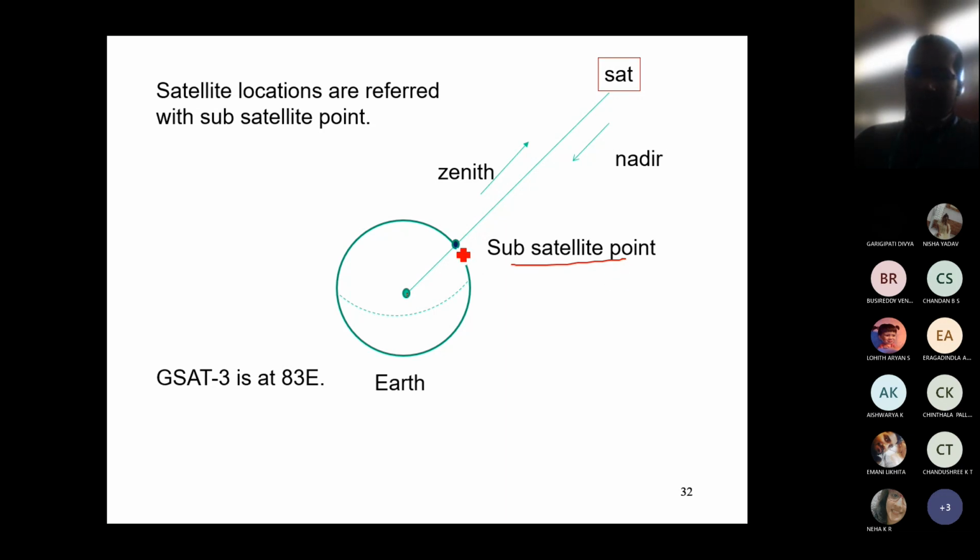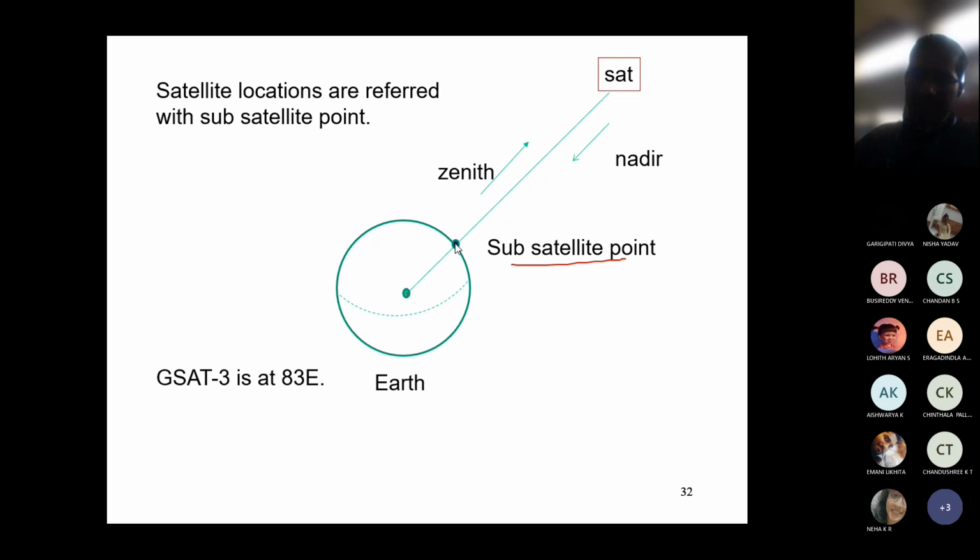This sub-satellite point will have some latitude and longitude. Whatever the latitude and longitude of the sub-satellite point is, we say the satellite is located at that particular coordinate or location.